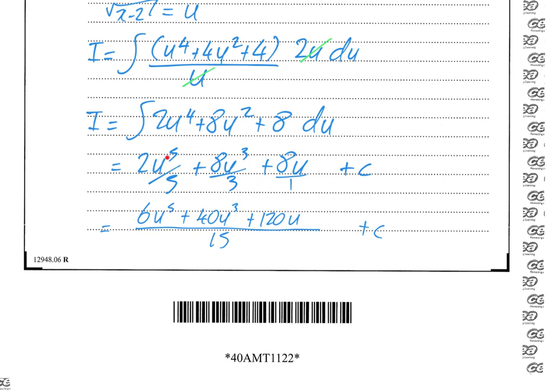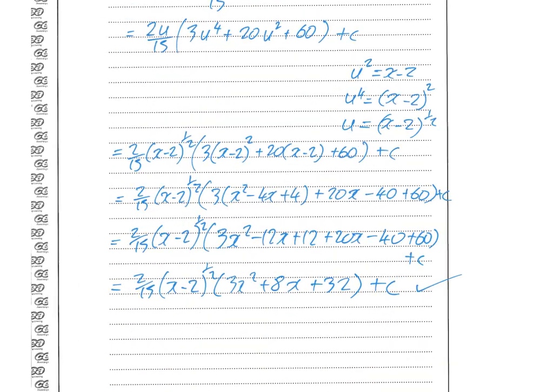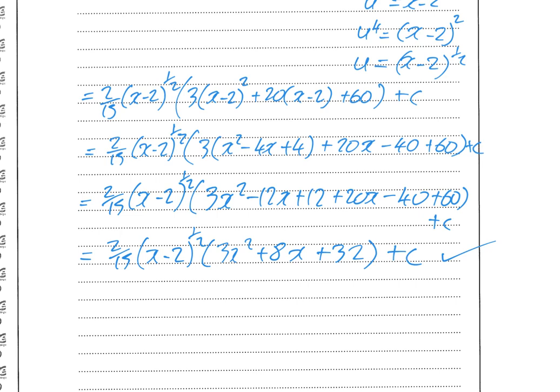It's not easy when you've got the u to the 5 and the u cubed and so on. But I think that's the way I've done it. It certainly makes it doable anyway, when you factorize and leave it in terms of u until you factorize as nicely as you can, and then put the x values back in at the end.